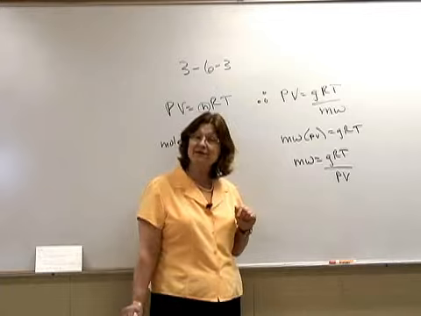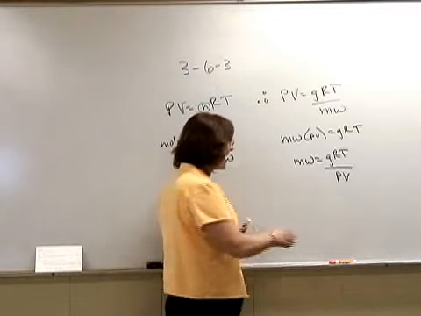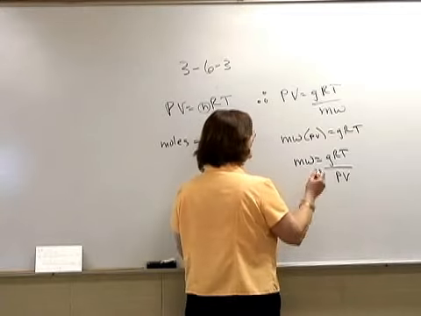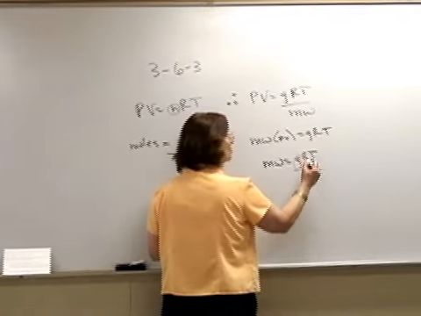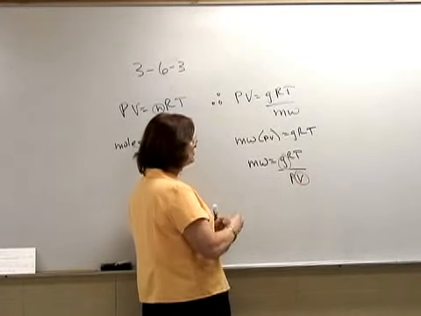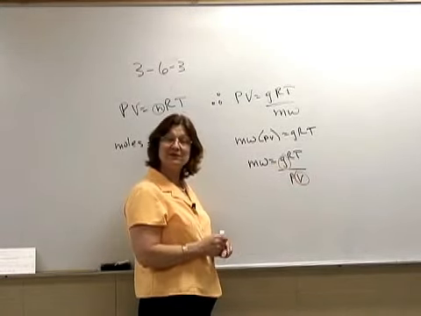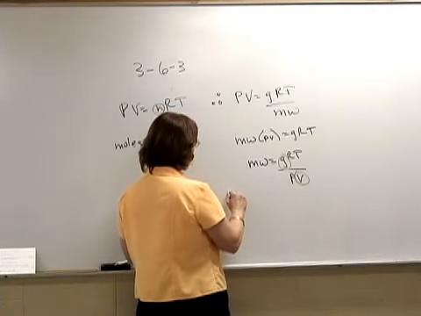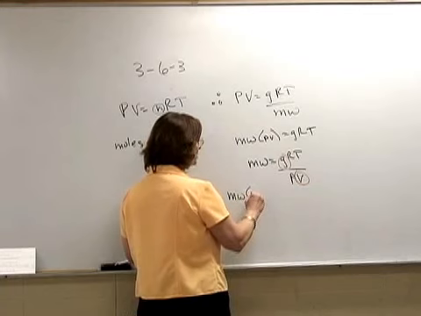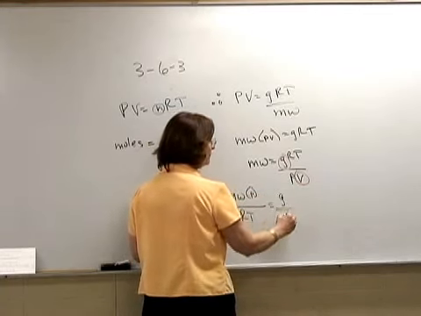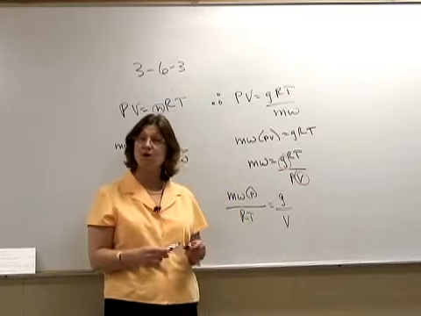Now there's one more thing I can find here, and if I look, I can see that I have density in this equation. Density is mass over volume. And all I have to do is remove the other things that are around it. So I isolate that mass over volume. And therefore, molecular weight times pressure divided by RT is equal to grams over volume, mass over volume.